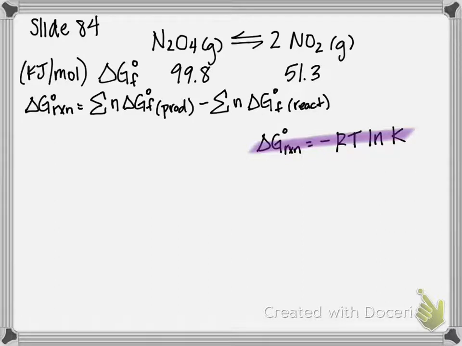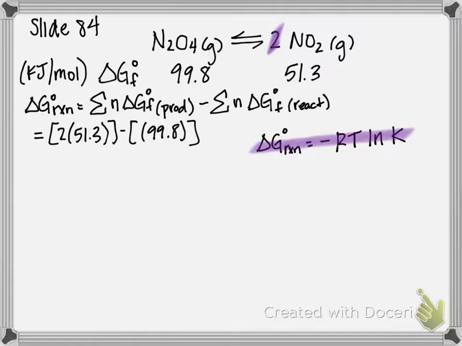So that's going to be equal to 2, because I have 2 moles of products, times 51.3 minus just 99.8.